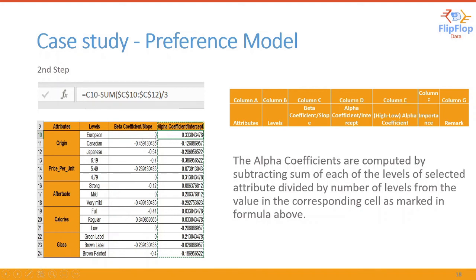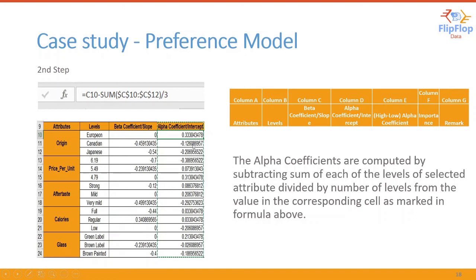C10 is basically, within the attribute origin, the first level, we are considering C10 minus the sum of all these three levels within the origin attribute divided by the number of levels. The number of levels is 3 over here for the origin attribute. So we consider 3.